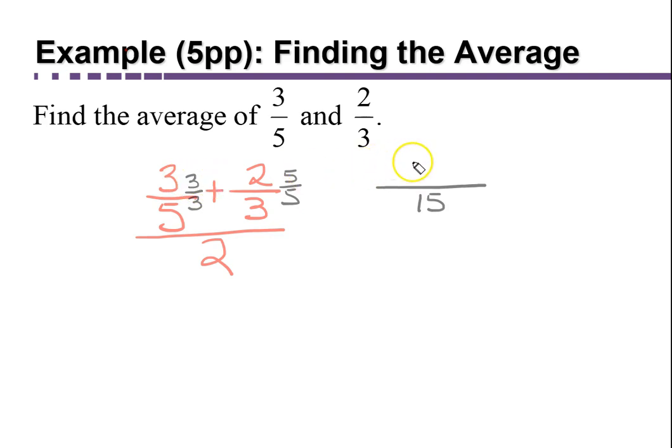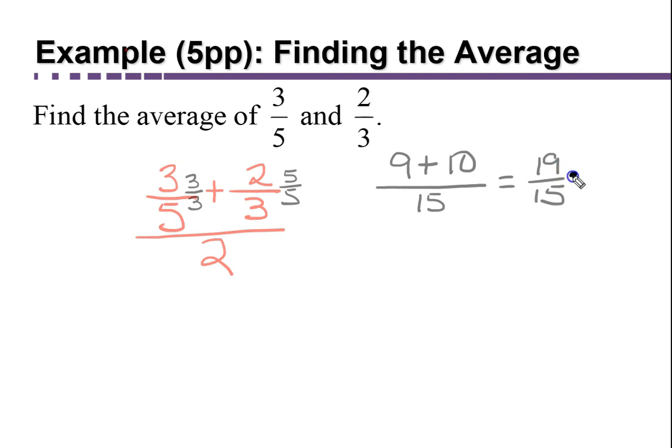So 3 times 3 is 9, plus 2 times 5 is 10. So our answer here is 19/15. But now we want to divide that by 2. That is, take 1/2 of it. What is 1/2 of this?